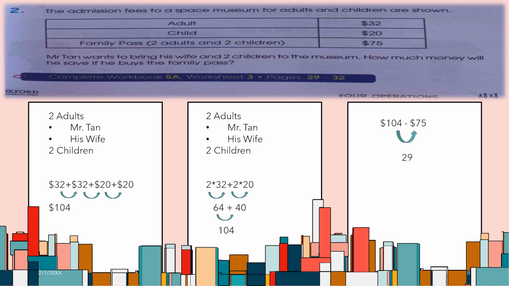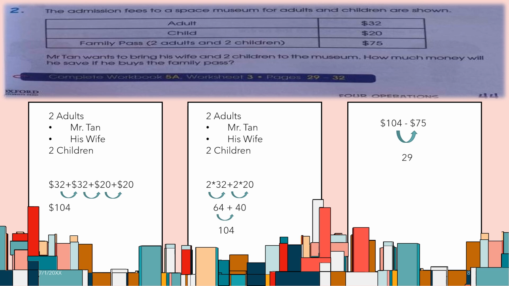In order to find out the answer, we first need to know how much money is going to be spent if we buy 4 tickets, which are 2 for adults and 2 for children. Then we will calculate the difference between the amount that he spent in the first case and the other case, which is buying the family pass. In order to find out the amount which he spent, we have 2 methods.